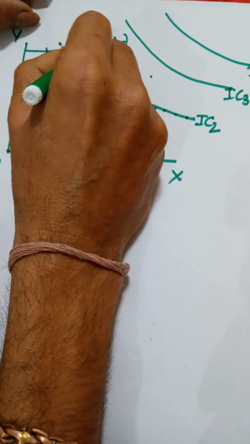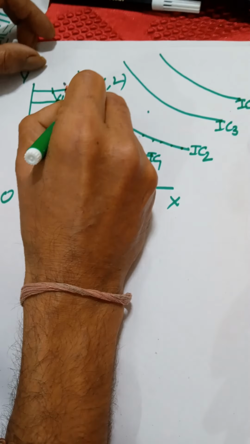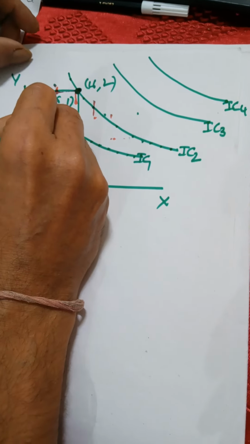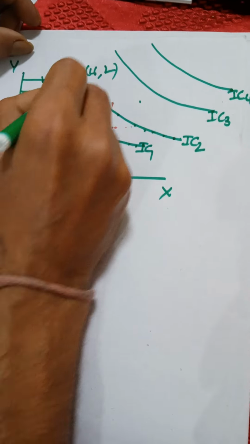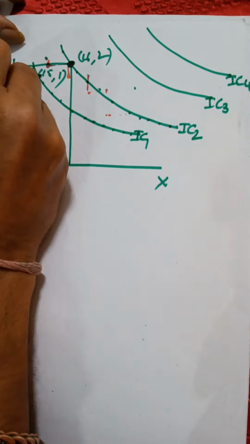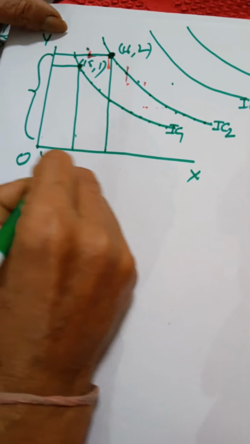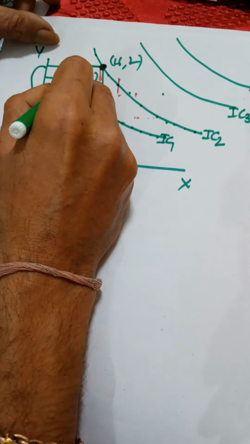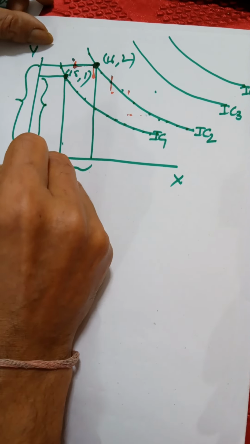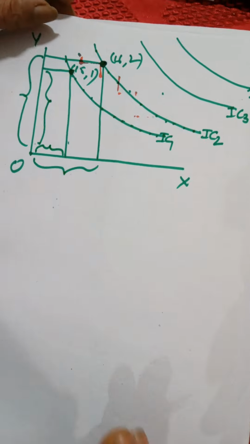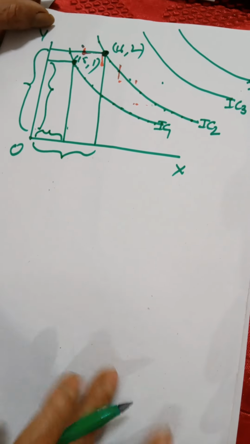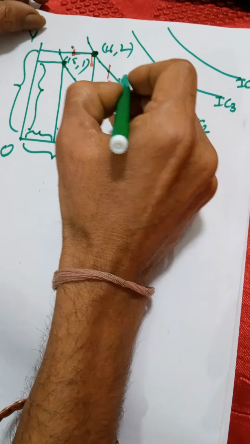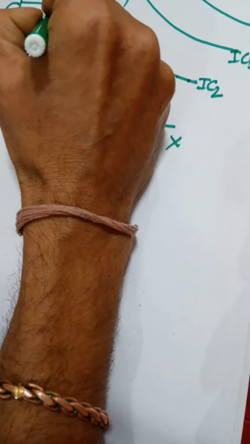So this combination gives the consumer more satisfaction than this point gives. Why? Because this point denotes more of both the commodities than this point, which denotes less of both the commodities. Since more is always preferred to less, the consumer will prefer to live here rather than here.